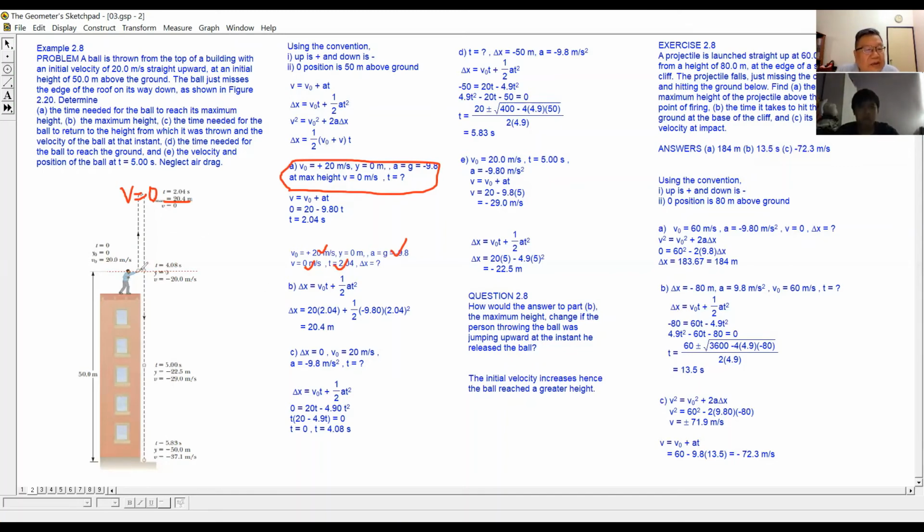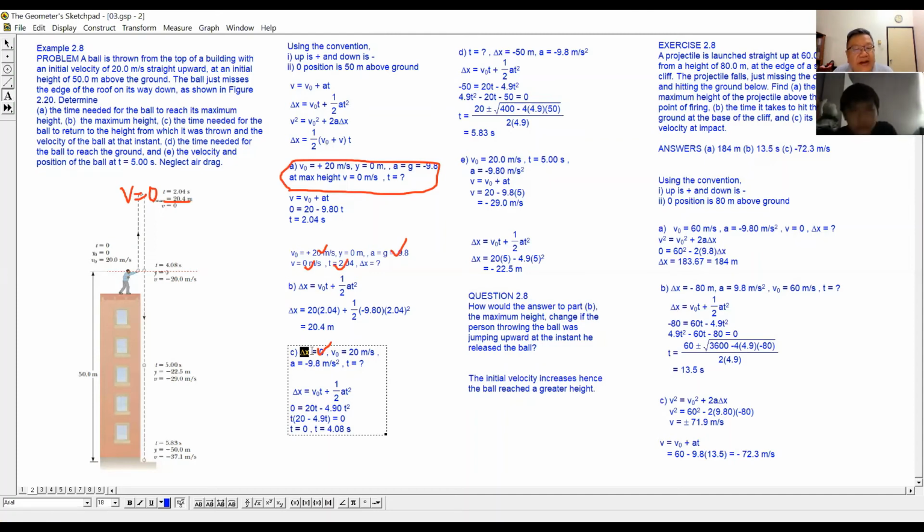Now, at this position, the y is 0. At this red line here, the y is 0. I put delta x there. Actually, it should be y. Let me change it to y. You come back to the same position, the y is 0.